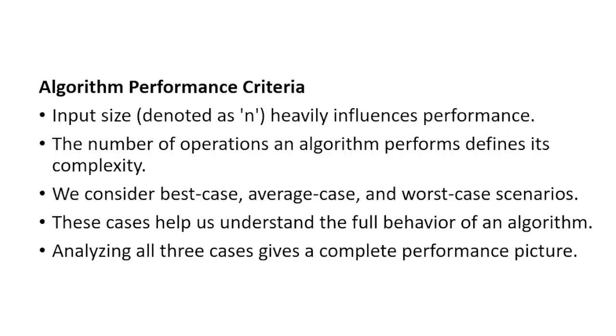Average case is running an average number of inputs, and worst case is running for a large number of inputs to check the result. So like this, we will be able to understand the complete behavior of an algorithm. We should analyze all the three cases, only then will we get the complete performance picture.